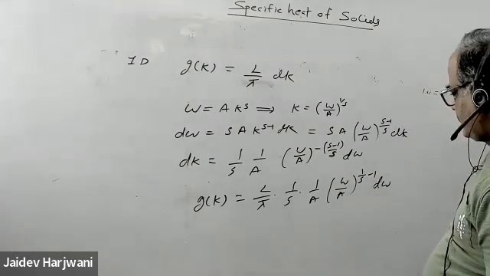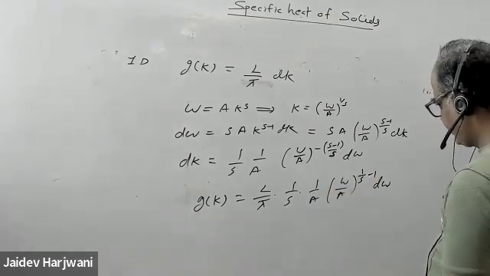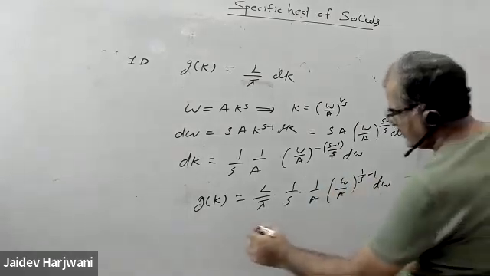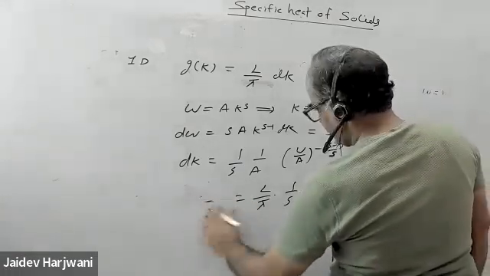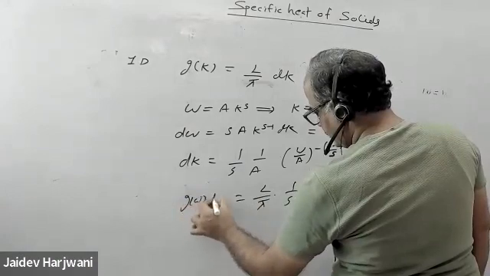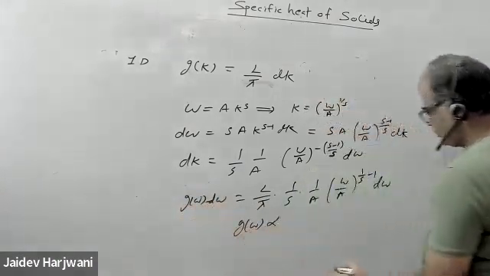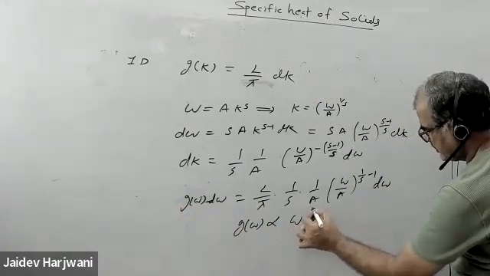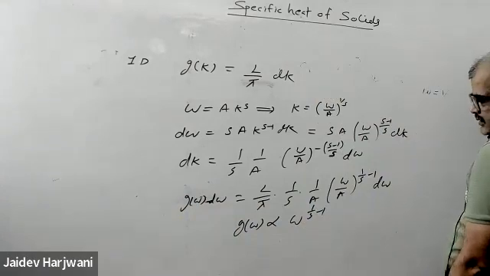These are the constants. I don't need constants. I need only this omega. So now it becomes g omega d omega, and g omega is proportional to omega power 1 by s minus 1. Now you can check.